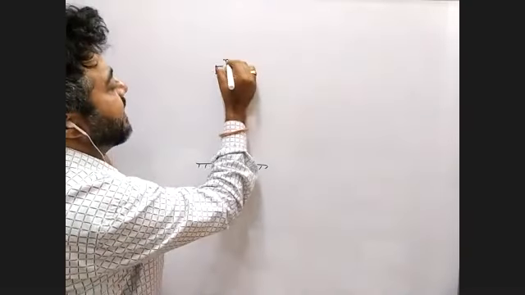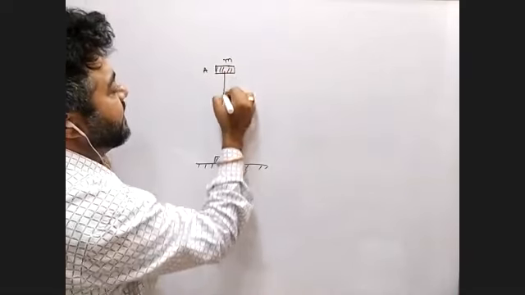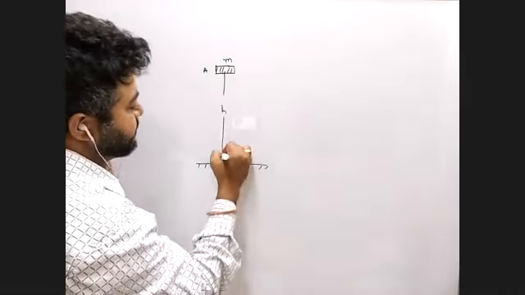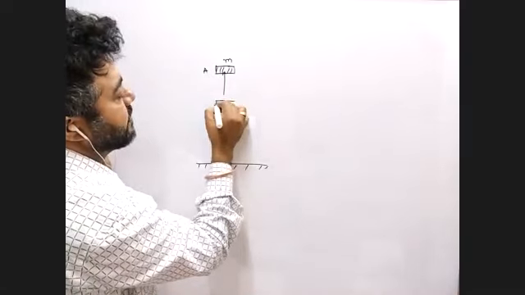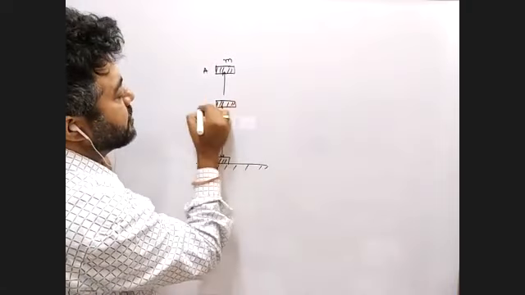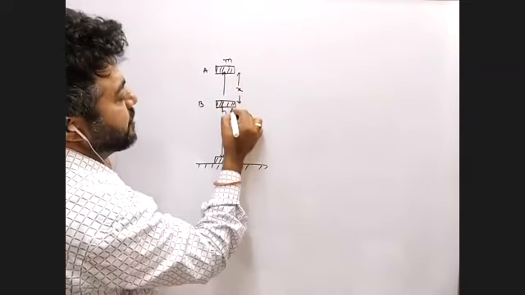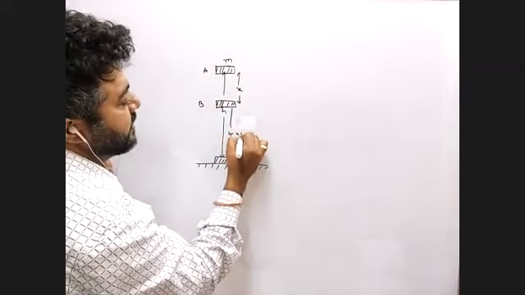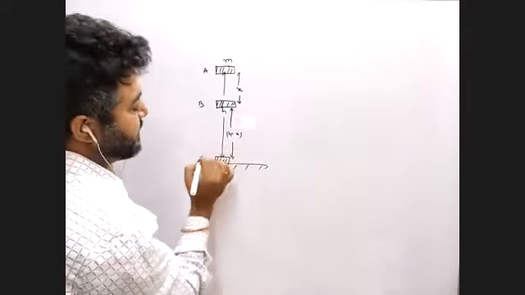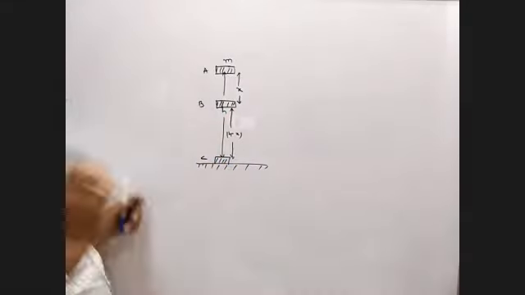Suppose m is the mass, this point is A, that height is h, and here this is the position B. Let the distance be x from the top, so from this the distance is h minus x, and let this point be C, which is at ground.